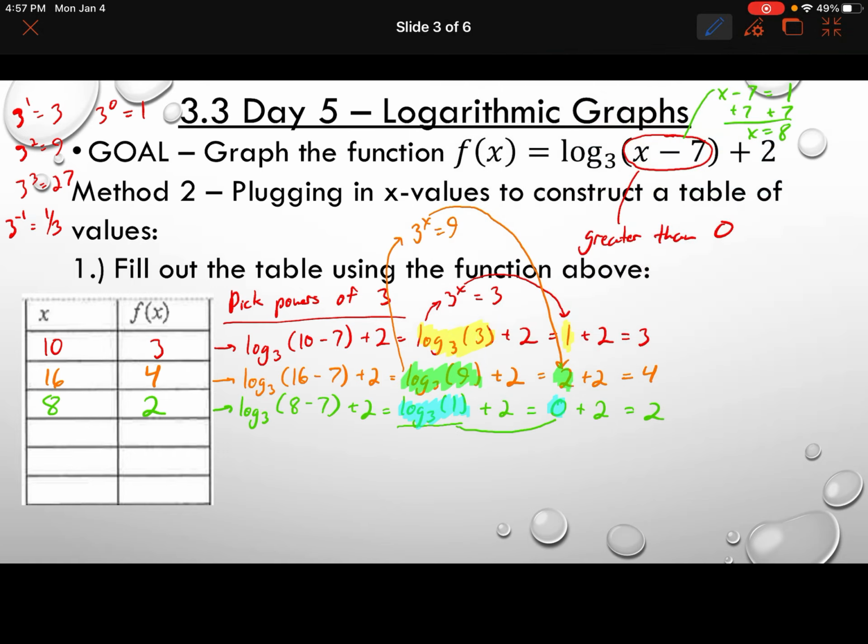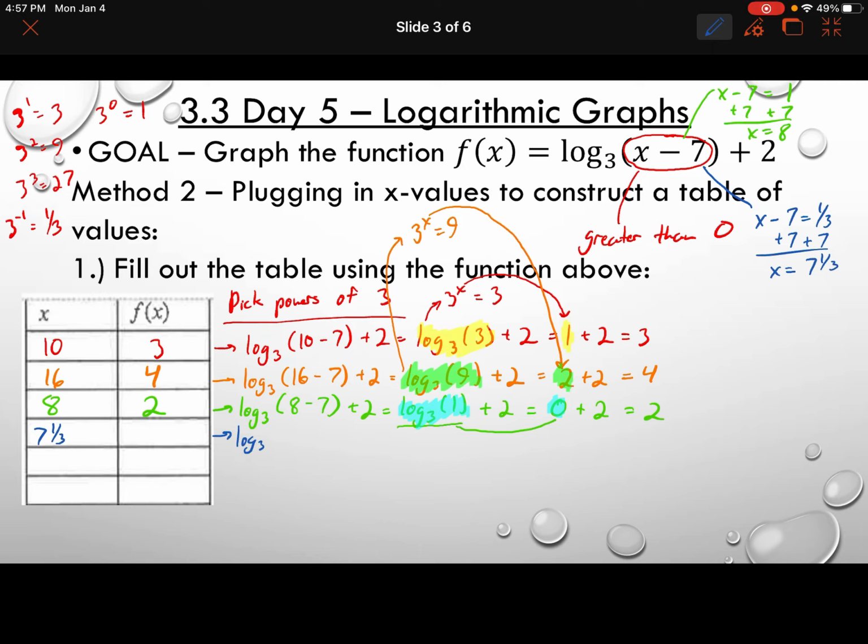If we want the inside to be 1/3, that means add 7 to both sides. Get x is equal to 7 1/3, right? Because 1/3 plus 7 is just 7 1/3. So that means I want x to be 7 1/3.